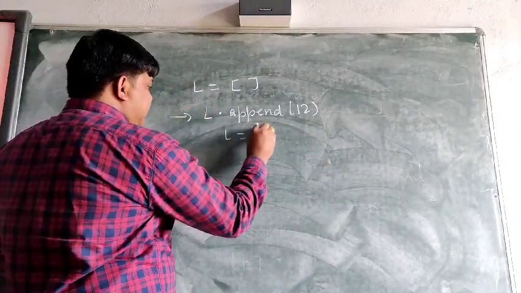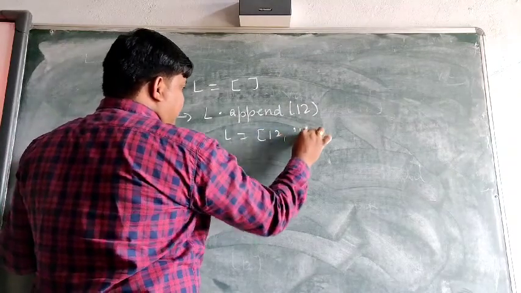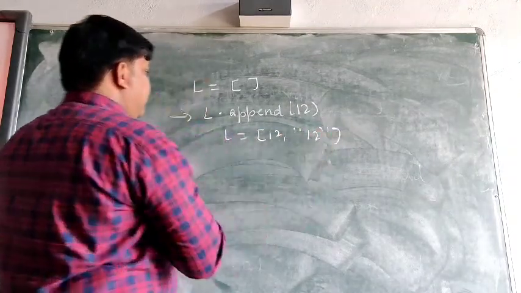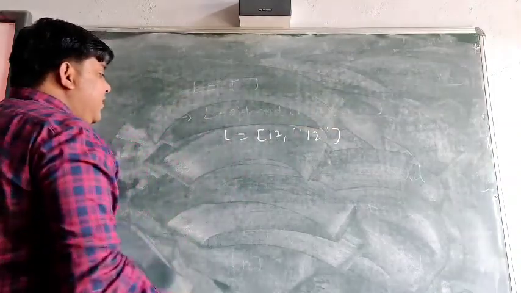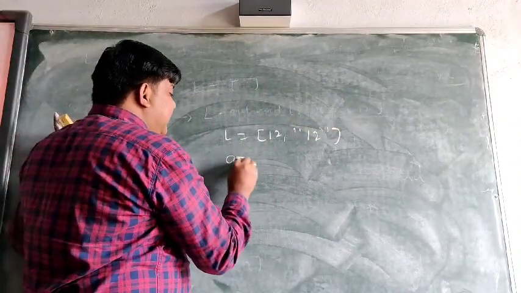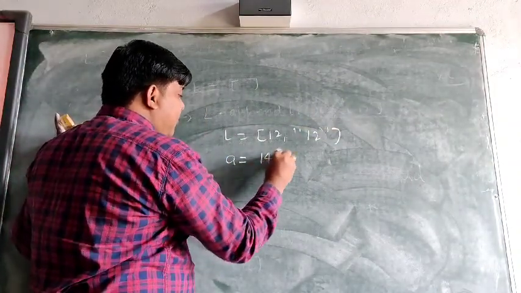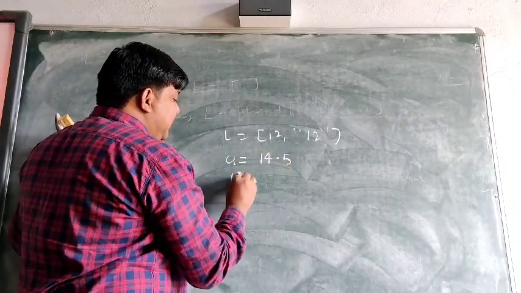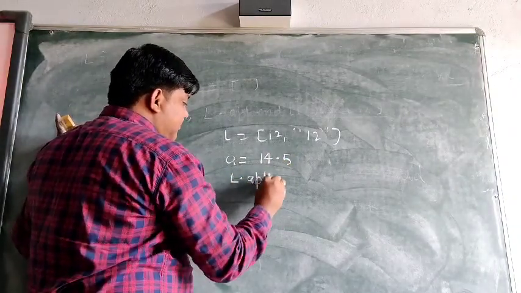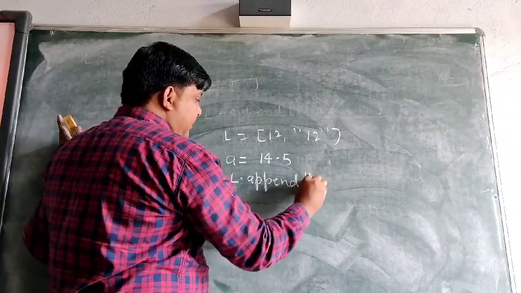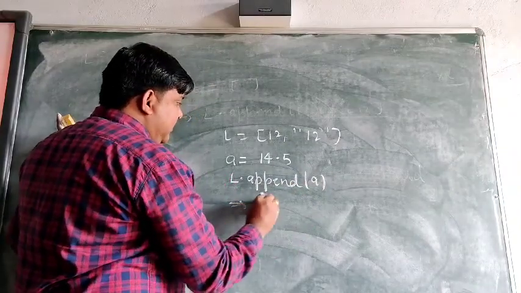Now look here. We have a list 12, double quotes 12. And we have one variable that contains the float value 14.5. And we have written here L dot append a. So what will be the list?